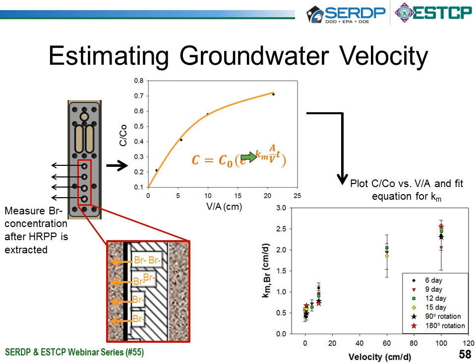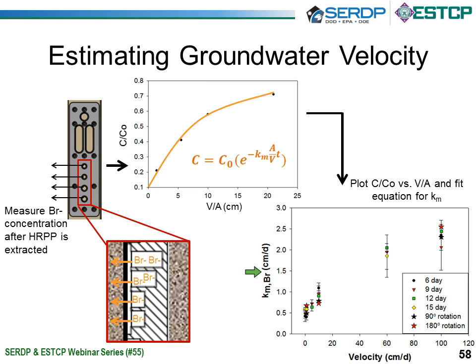The mass transfer coefficient is directly proportional to the velocity in the porewater. And so at a single time deployment, by varying the specific surface area, we can get robust estimates of the mass transfer coefficient. And then using a laboratory relationship between the velocity in the porewater versus the mass transfer coefficient, we have a relationship that allows us to predict velocity based off the mass transfer coefficient.